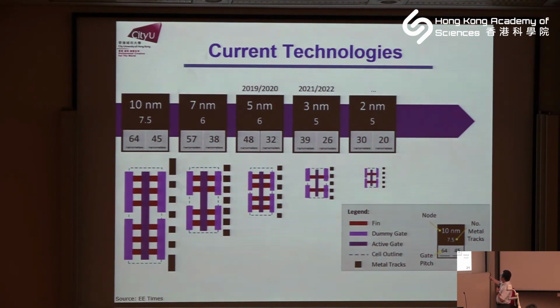The metal pitch is how large the pitch of the metal is. So 32 nanometer means that from one end here to another end here, it is only 32 nanometer. That means 16 nanometer width is the metal and 16 nanometer is the space. And here, this number is the gate pitch, which is 48. The gate is this purple color, so from this layer to this layer is only 48 nanometer.